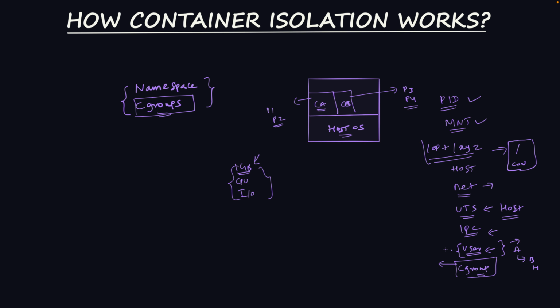And we have the user namespace, not enabled by default, but if it is enabled, we'll be able to map a user from the container to some other user in the host. And then we also have cgroup namespace isolation.